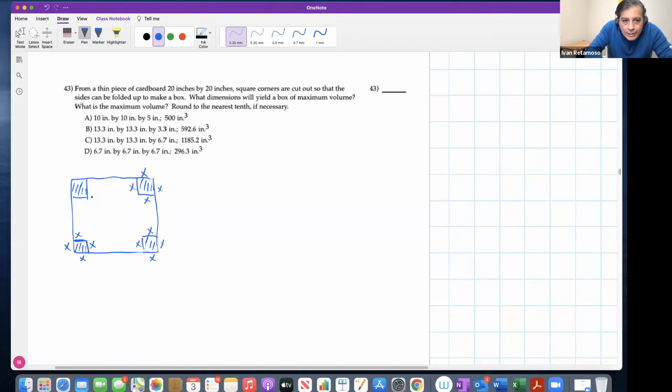By folding up what is left after you cut that off in each corner, we should be able to construct a box, which more or less is going to look like this.